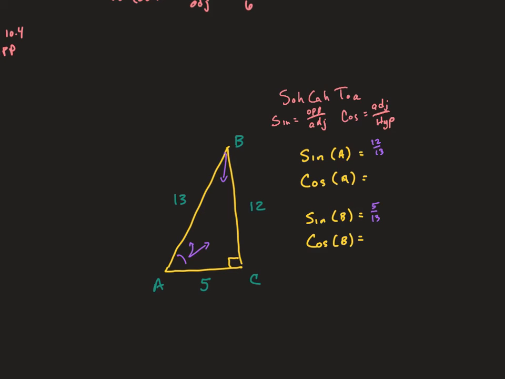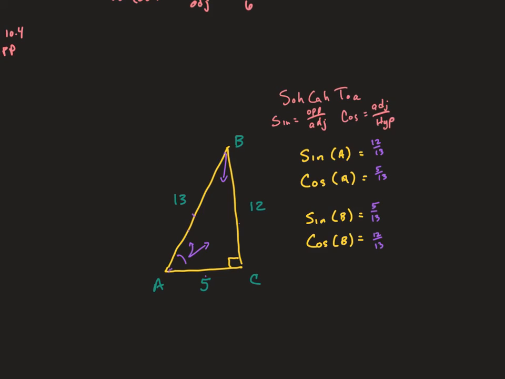And then the cosine of angle A, well, the cosine is going to be the adjacent over the hypotenuse, which is going to be 5 over 13. And then your cosine of angle B is going to be the adjacent over the hypotenuse, which is going to be 12 over 13.